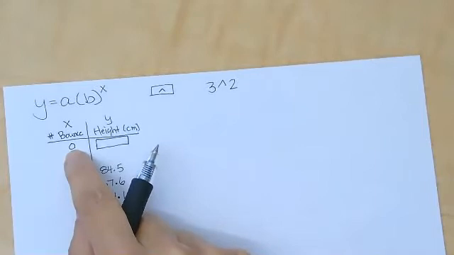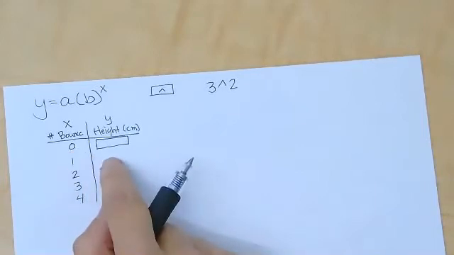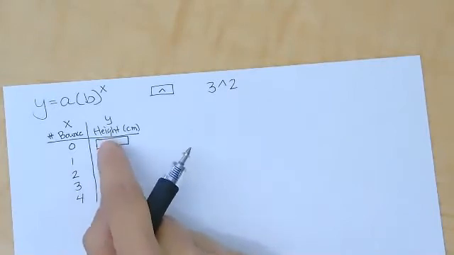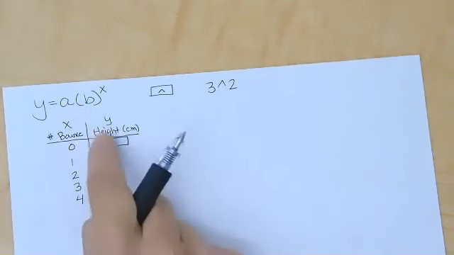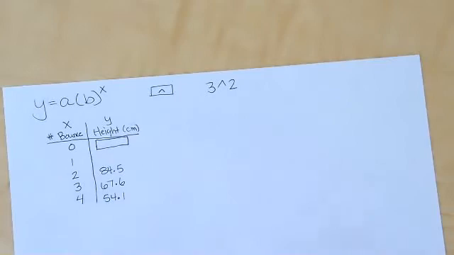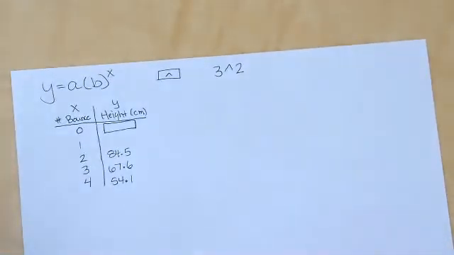So x is the number of bounces. This is the height after its first bounce, after its second bounce. But when the ball is dropped, it has bounced 0 times. So that value up there is A. It's also the drop height. It's also the y-intercept on the graph, okay? So there's that for the first one.